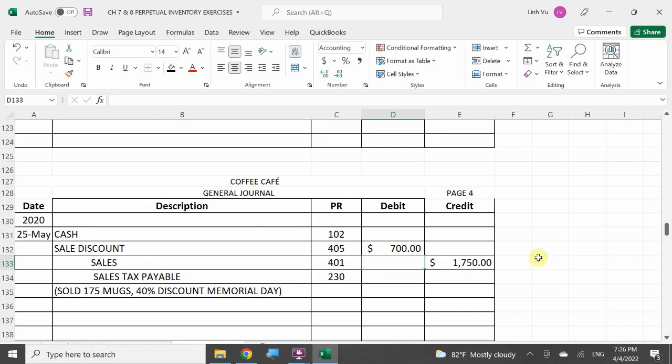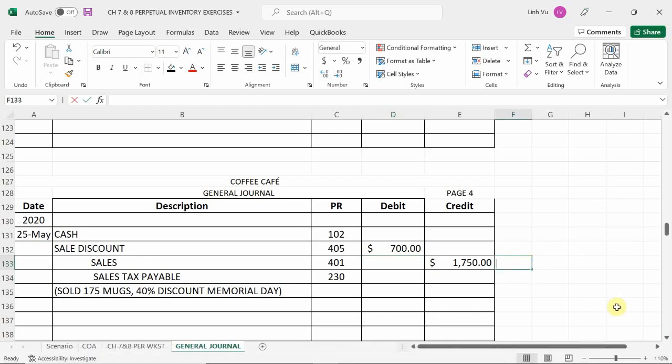Okay? So that means if I sold it, right, for $700 less, that's going to give me a total of $1,050 even. And that's the number I need to use to charge a sales tax because what I really sold was $1,050, right?